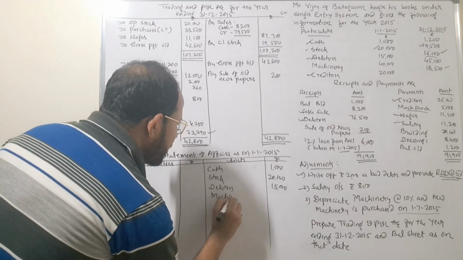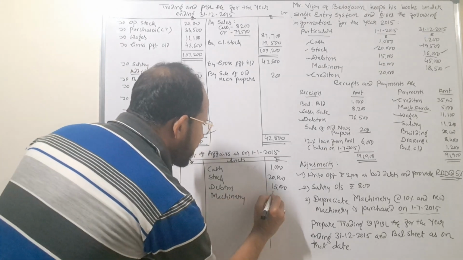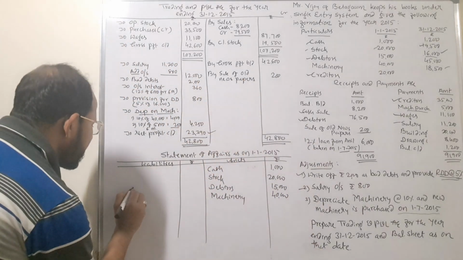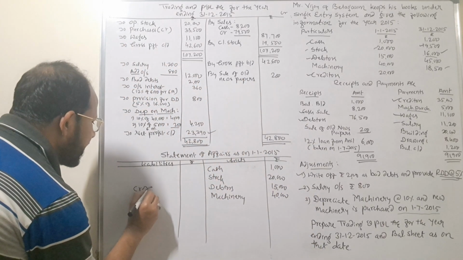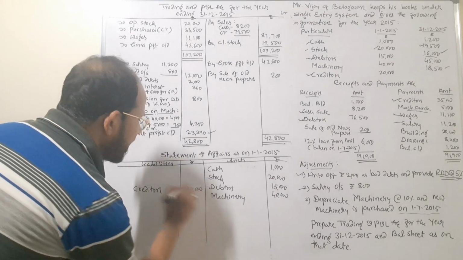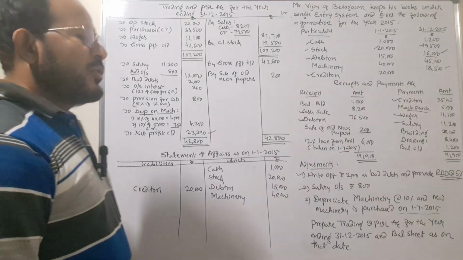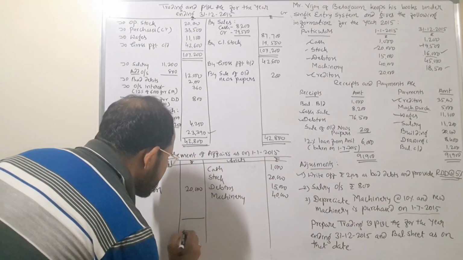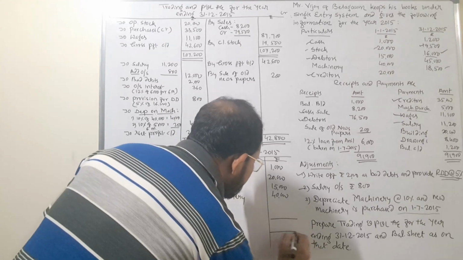Opening value we have to show here rupees 40,000. Next one is creditors is given, that appears on the liability side. The total amount of creditors at the beginning of the year was rupees how much? Rupees 20,000. Now we have to close this one.